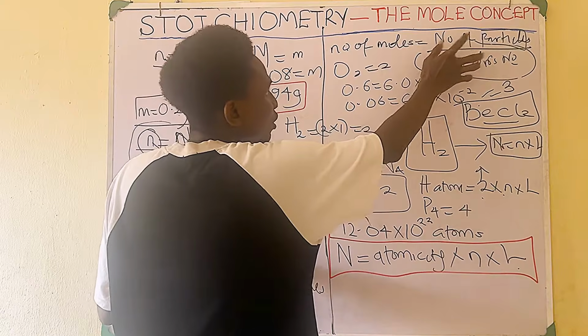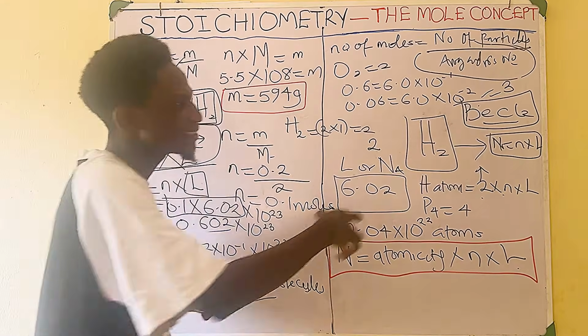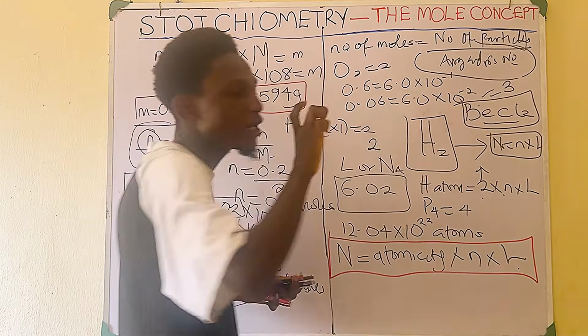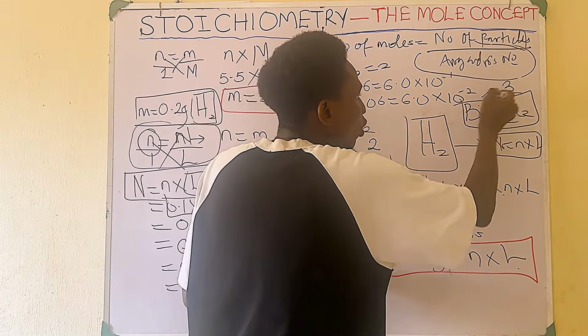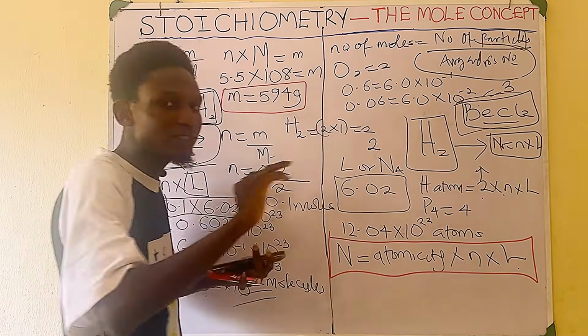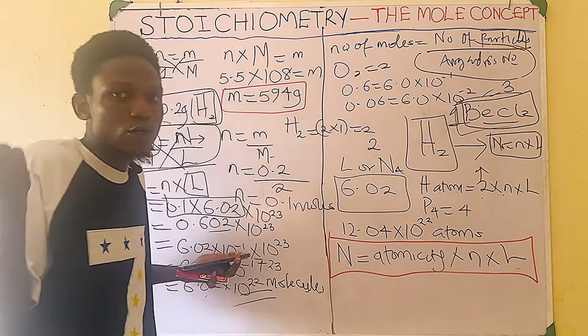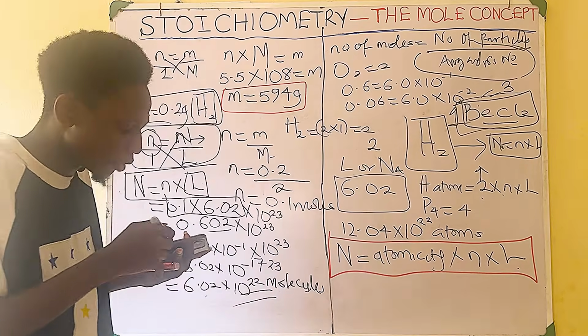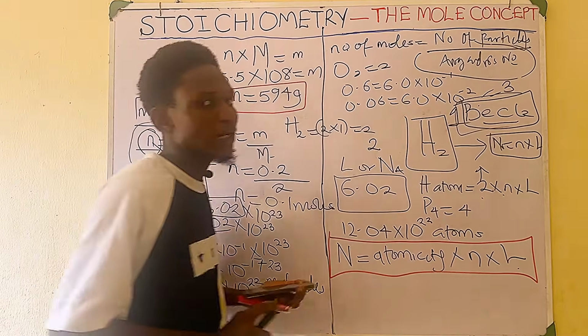The number of atoms means that every single atom in the molecule is considered. But if they say number of molecules, it just means the whole molecule without the atoms considered. BeCl2 is one molecule, one complete compound, so I cannot start multiplying by 3. I hope you have gotten it.